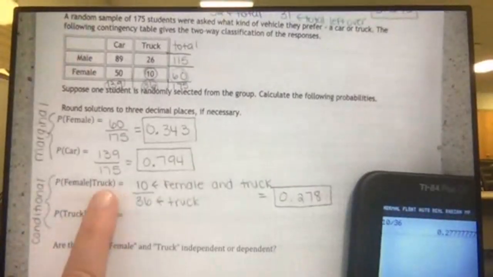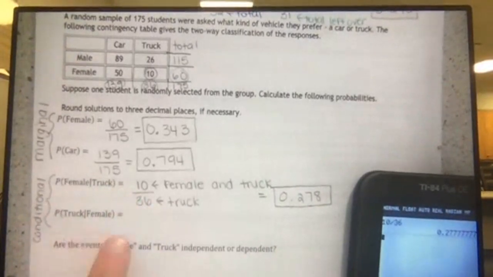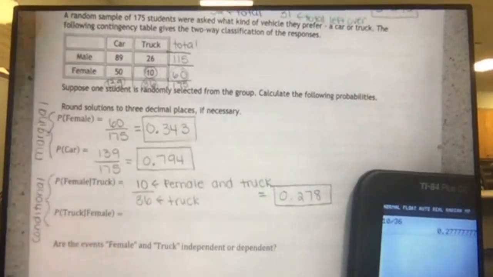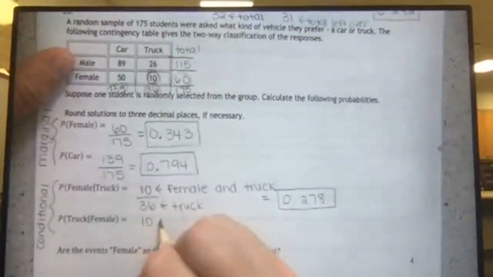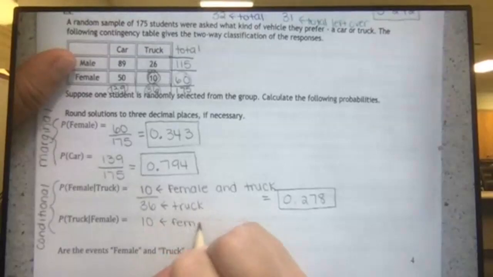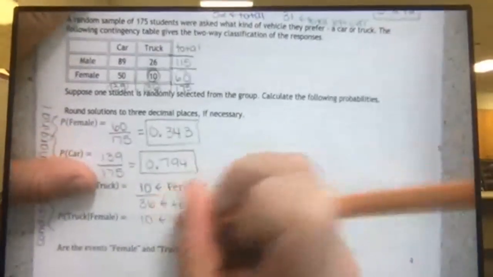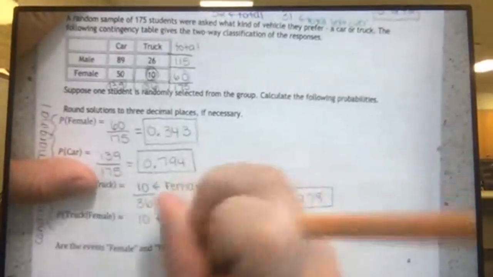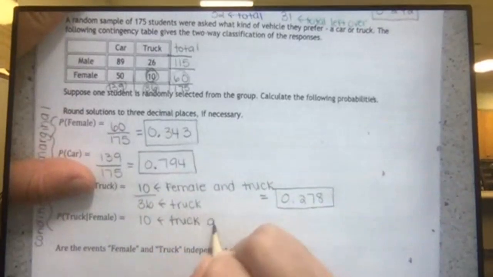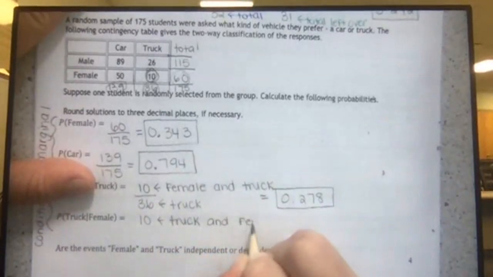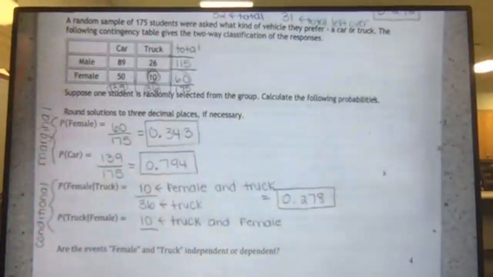Remember, it's kind of like the bottom of your fraction here is the bottom of your fraction here. Same thing, but opposite. Probability of truck given female. So up top, how many females answered truck? Same thing, still 10. So female and truck. Doesn't matter what order. If you want to say truck and female, that's fine too. Given female, so the bottom is only female.